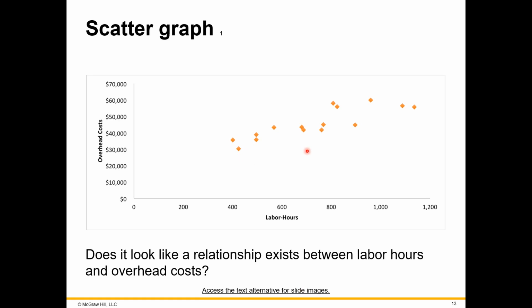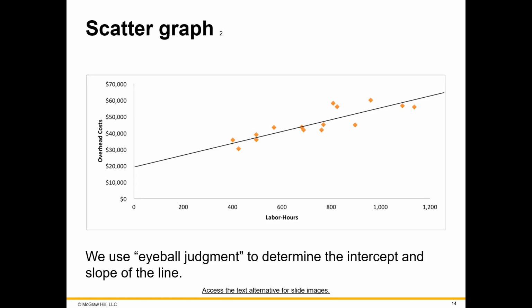And as we can see, it generally goes in an upward slope. It's not an exact slope, but the general trend is as labor hours increase, total overhead costs increase as well, which is what we would expect. Using the eyeball judgment technique, we draw a line through the points as best we can to fit through all the points.